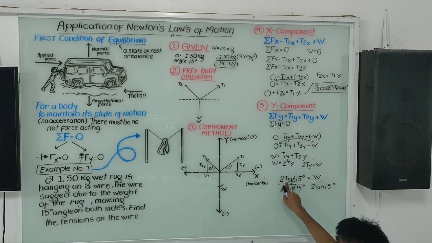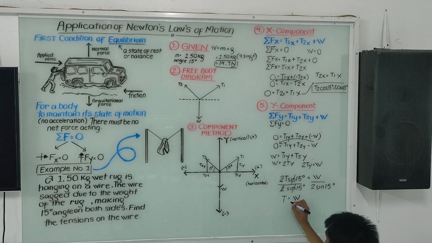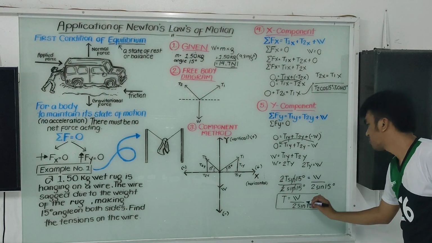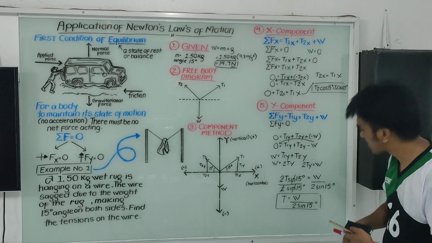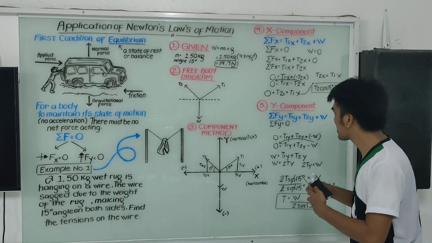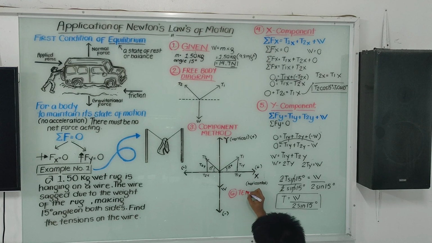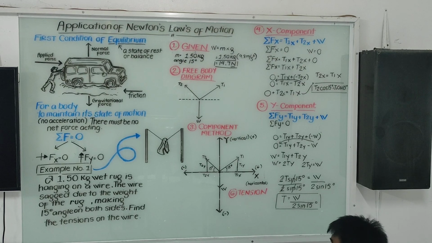Cancel. So the remaining term is tension equal to w over 2 sine theta. That will not fit, so in order for us to find the tension, we'll use this formula.